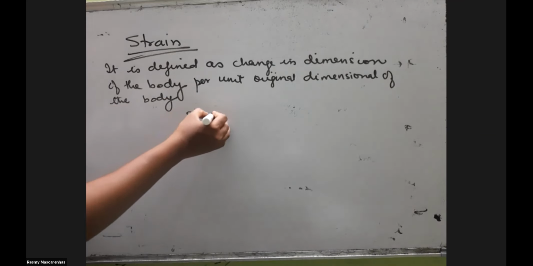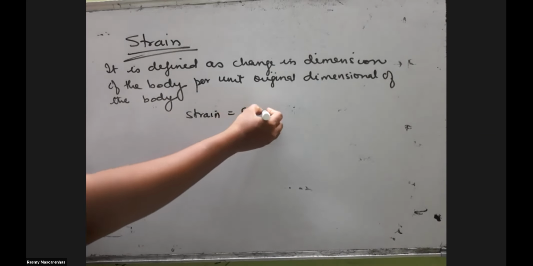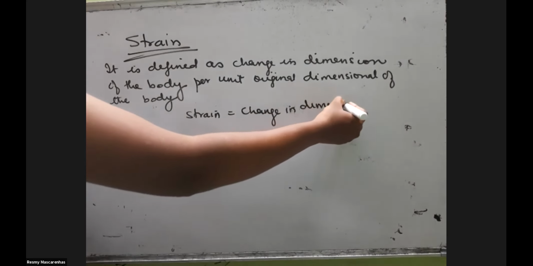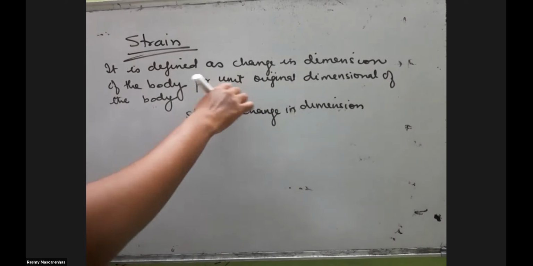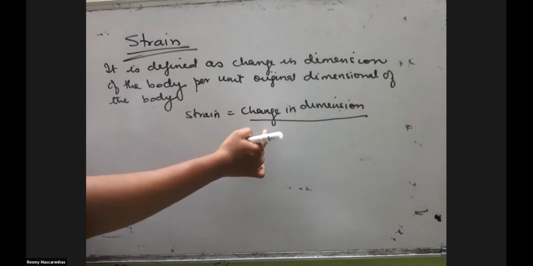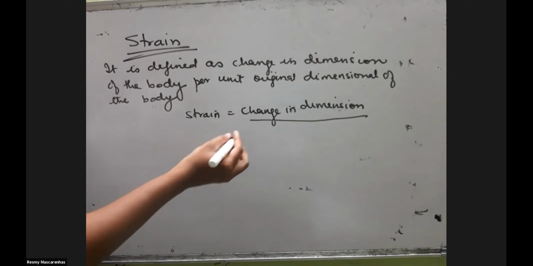Strain is nothing but change in the dimension upon your original dimension. Per unit means upon. So basically, if you remember, you can write this.